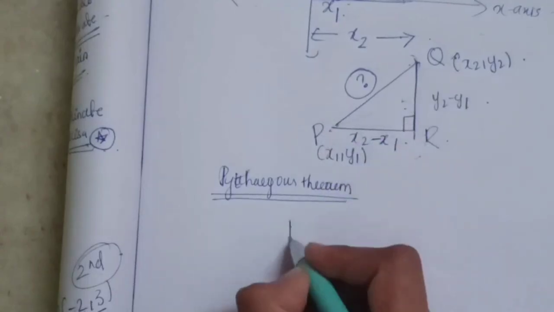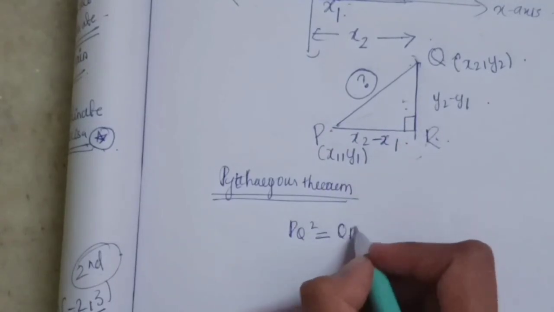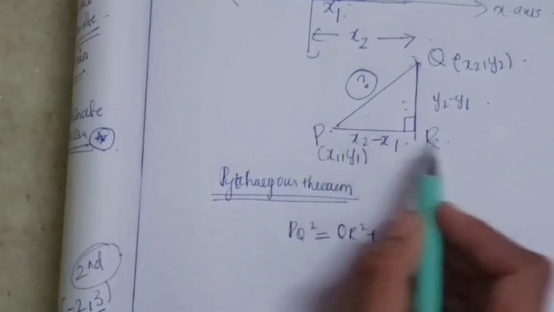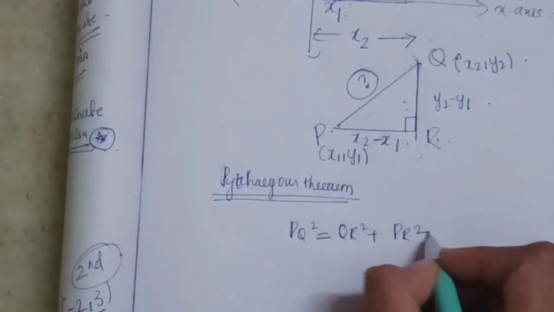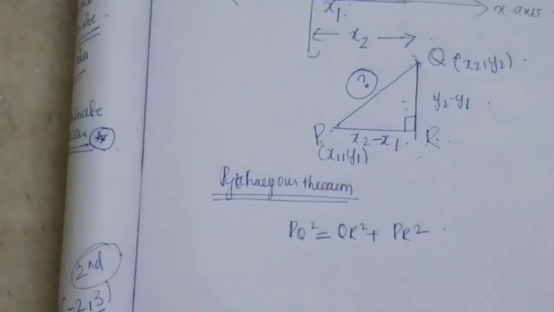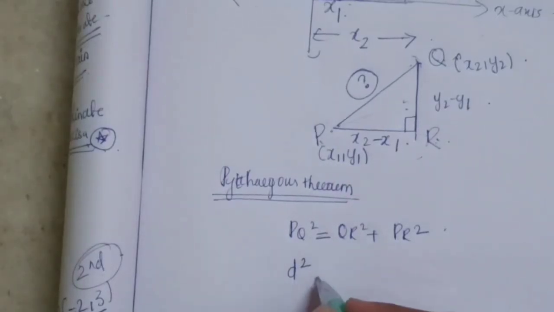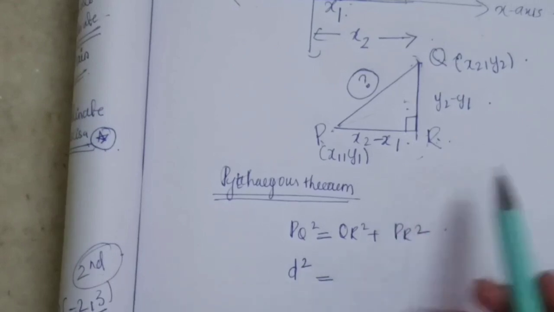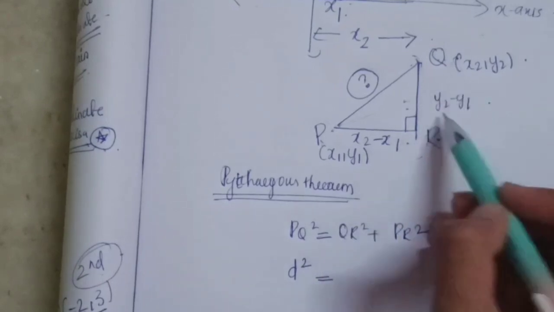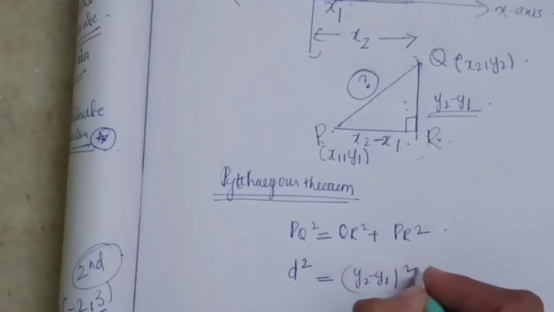So what is hypotenuse? PQ square is equals to opposite square, QR square, plus adjacent square, PR square, right? So what is this PQ? That is something we need, which is the distance between the 2 points. Let us denote it as D. D square is equals to what is QR square, which is y2 minus y1 whole square, right?